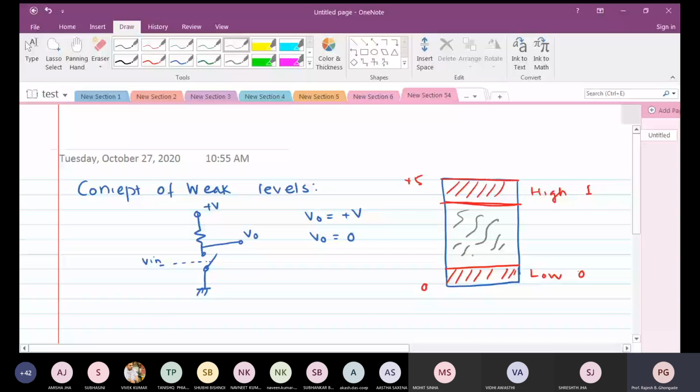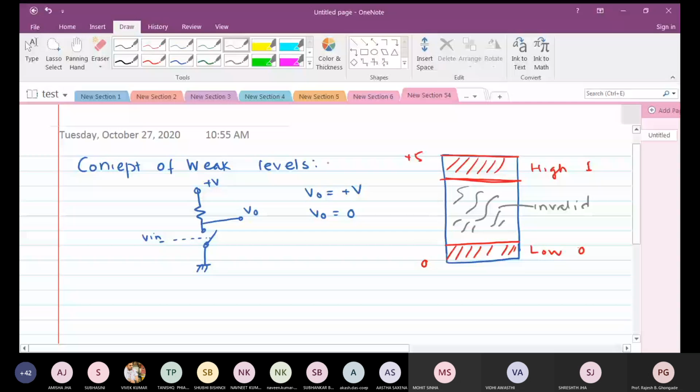Now, is this a true low or a strong low, or a strong zero? I'm just inventing this word strong now for emphasizing.